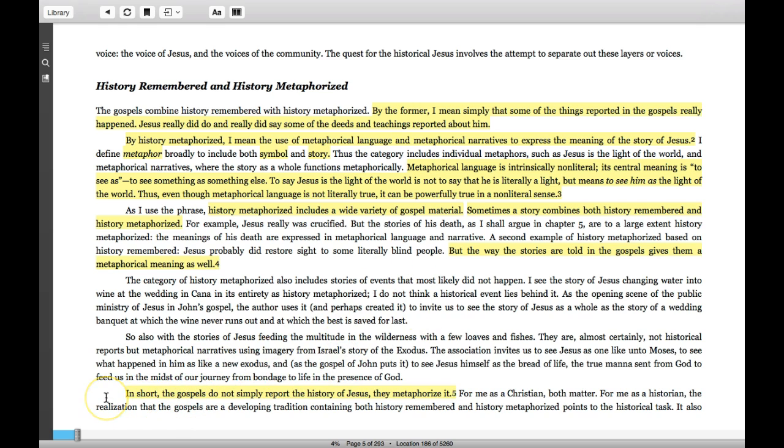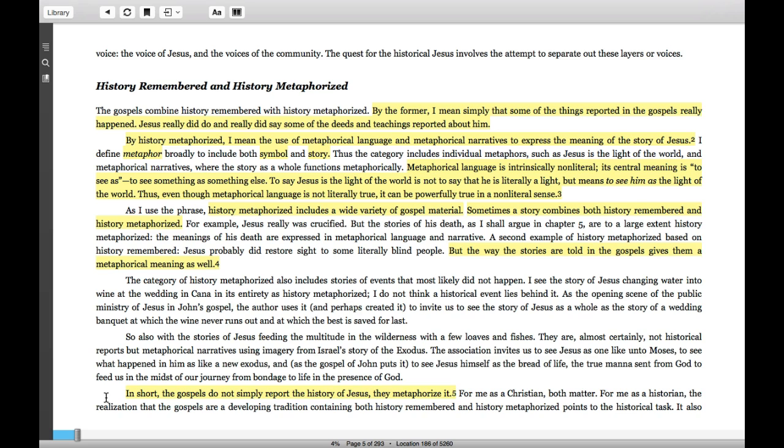But he says, in short, the Gospels do not simply report the history of Jesus. They metaphorize it. In other words, he's trying to argue here that the Gospels don't just say, Jesus did this, did this, did this. He died, he resurrected, and that's it. For Marcus Borg, the Gospels do that, yes, but they do more than that.